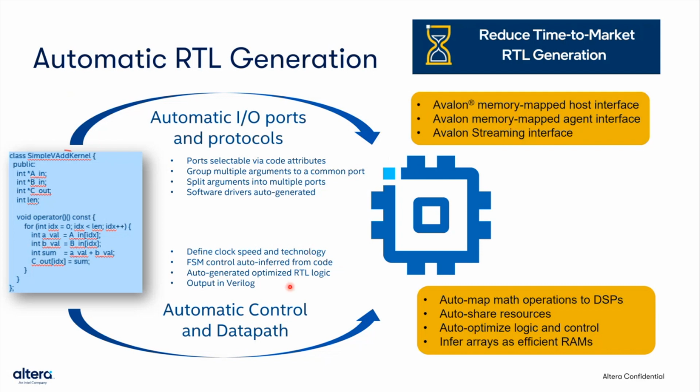And then the kernel itself within the code is converted into IP hardware resources inside of the IP. So your code is automatically generated, the clock speed is defined, and it's automatically optimized for the target FPGA.